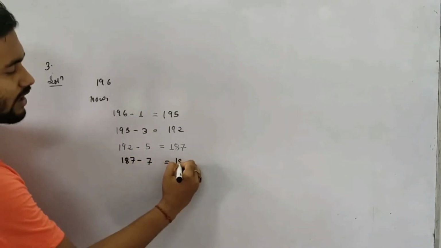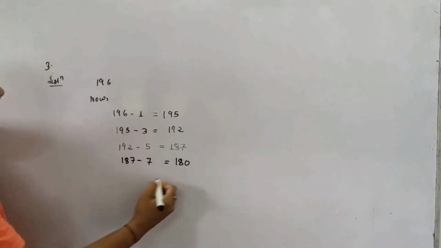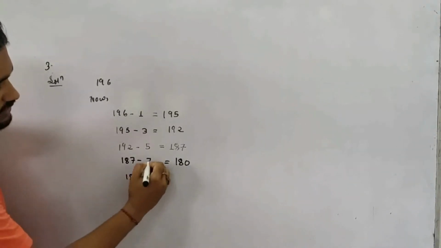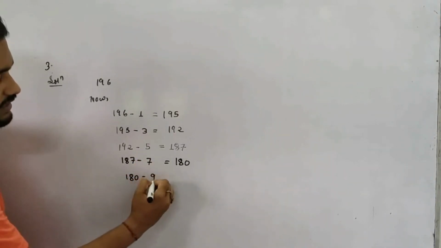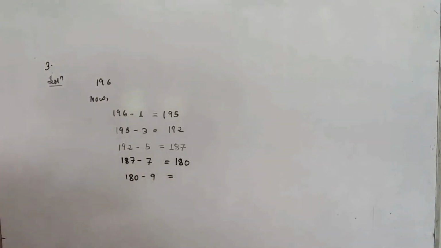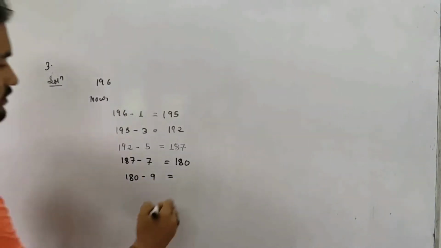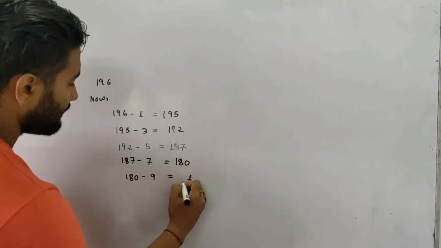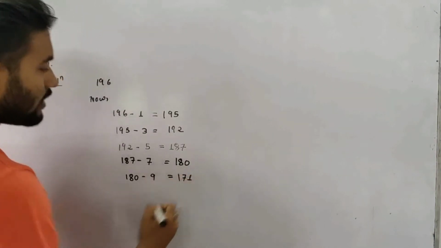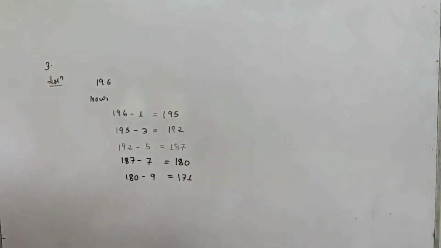So this will become 180. Then 180 minus, what is the next odd number after 7? 9. What will happen if I subtract 9? This will become 171, isn't it?